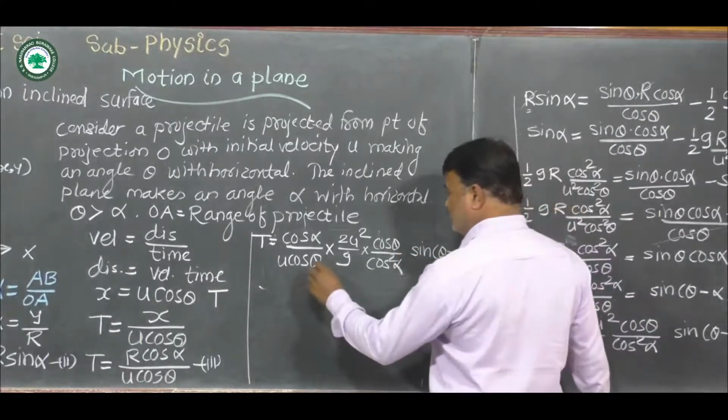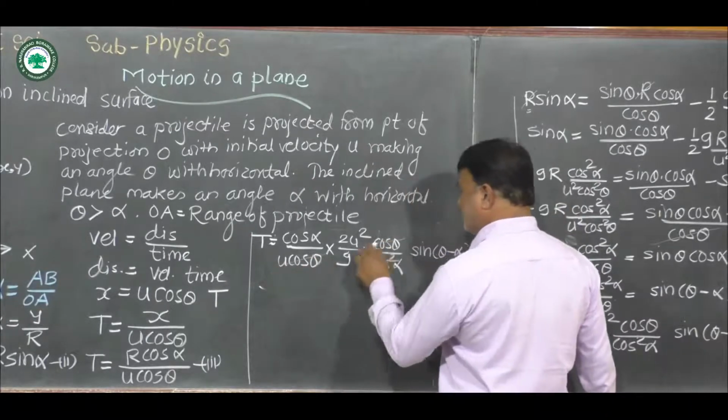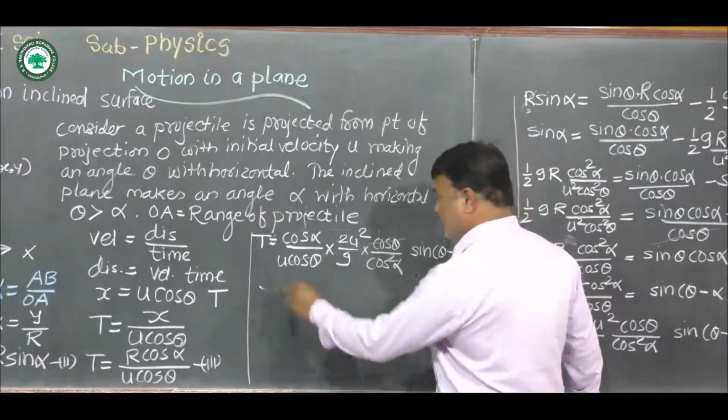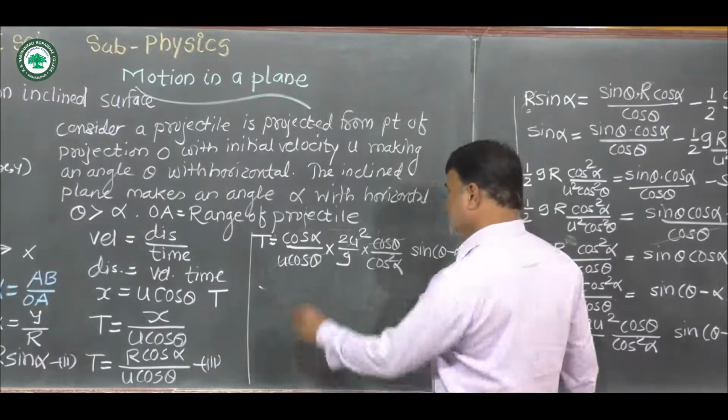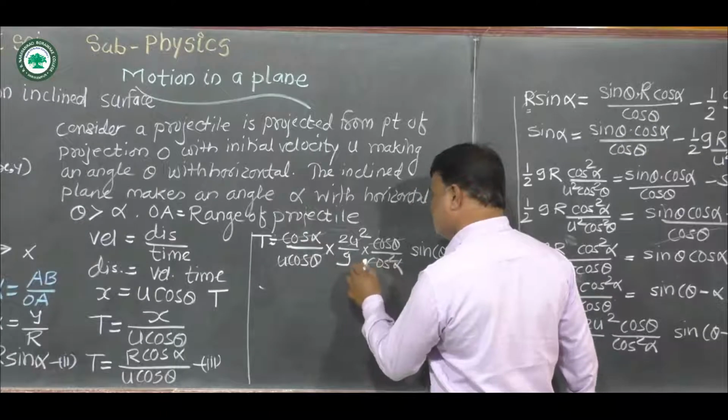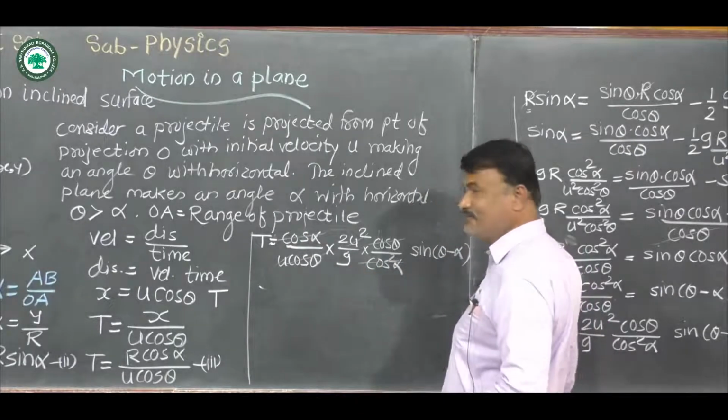Now this cos theta gets cancelled. Again this u and this u square get cancelled. Remaining is only u. This cos alpha and cos square alpha are cancelled. Here cos alpha is remaining.